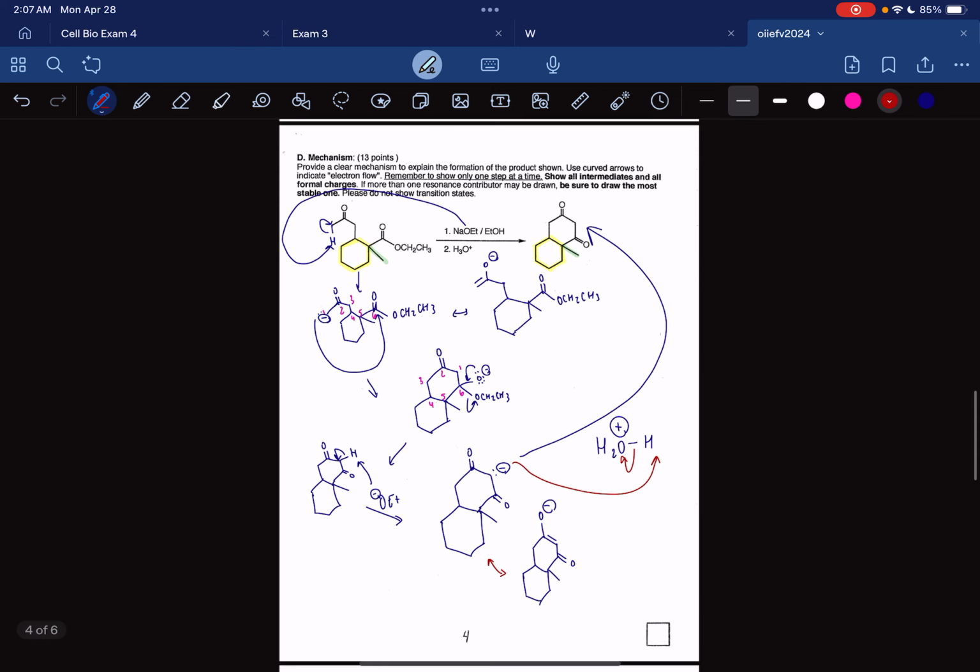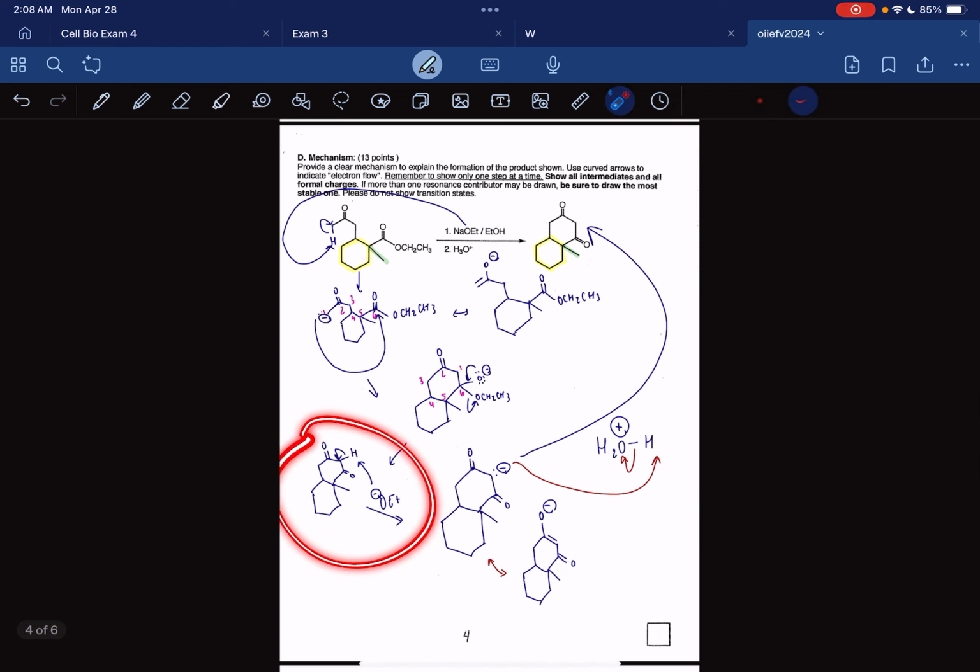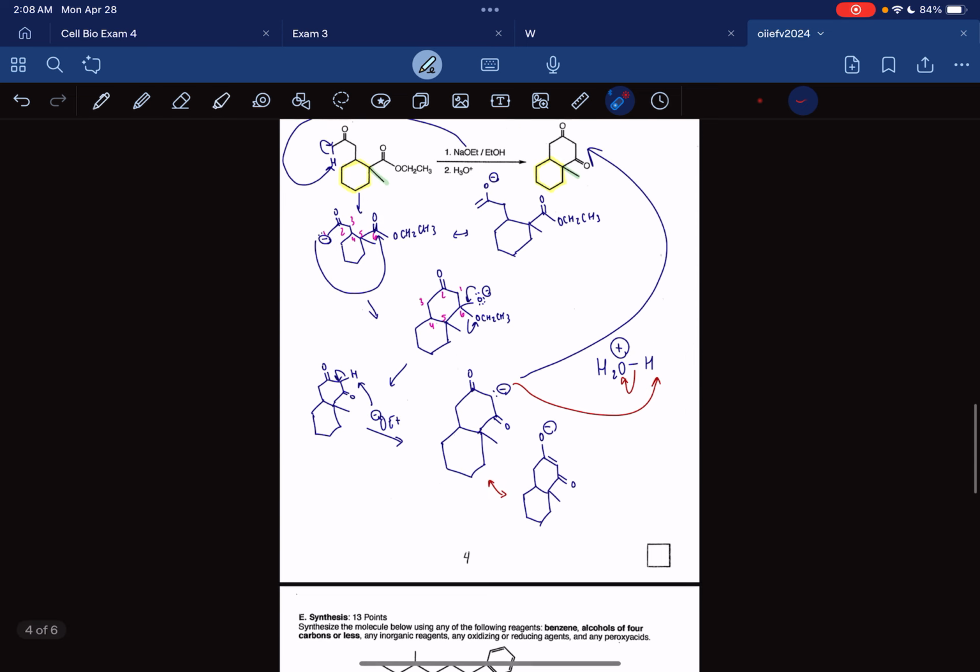So make sure in this molecule that you show this extra deprotonation step, because if you skip that, you will miss out on maybe 6 or 7 points just from one mistake. So you have to show the deprotonation and reprotonation.